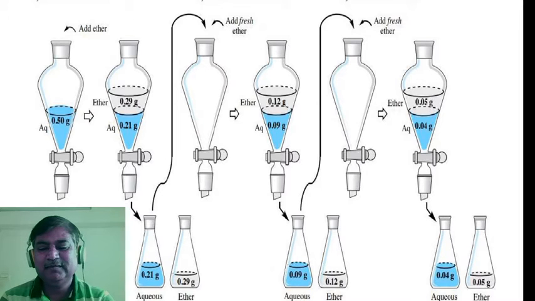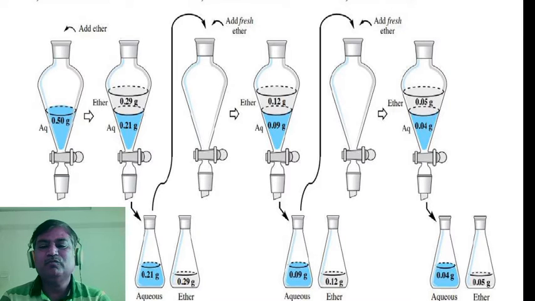See the proportion now. The aqueous phase now contains 0.21 gram of solute. The rest of the solute is extracted by the organic phase, that is ether. How much is extracted in ether? 0.29 gram, and the aqueous phase remains as it is at 0.21 gram.